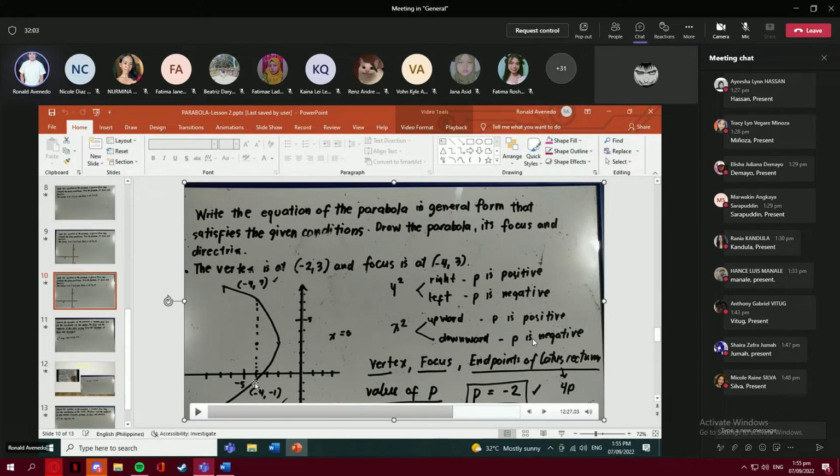Ito yung second endpoint ng latus rectum. Now, identify kung saang point siya magtama. Di ba? 1, 2, 3, 4. So, -4 for x. Then for y, 1, 2, 3, 4, 5, 6, 7. 7. Then sa baba, yun din, -4. Then saan siya? -1.